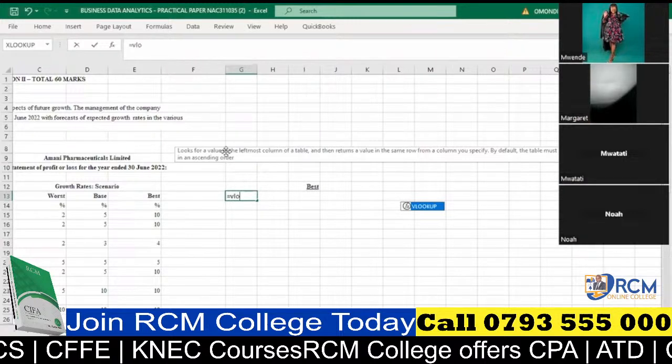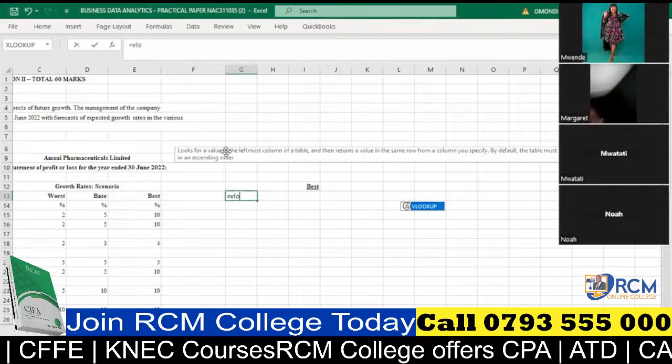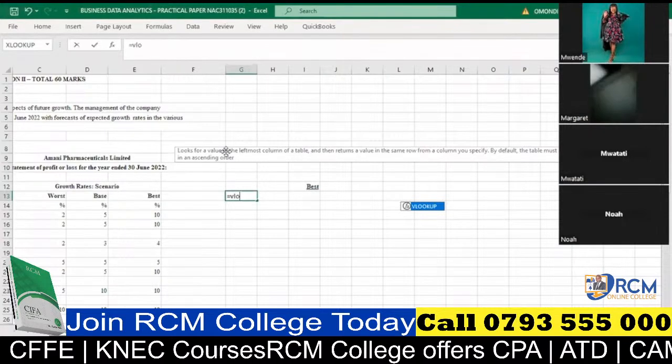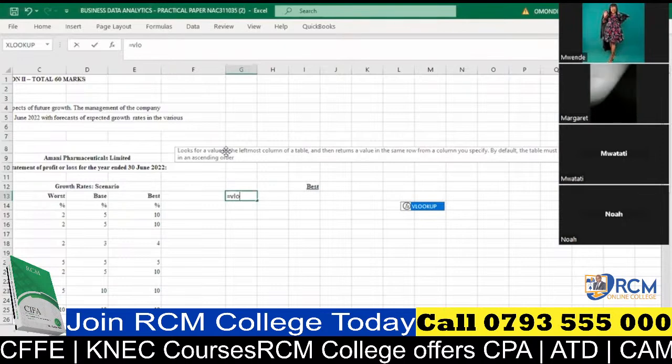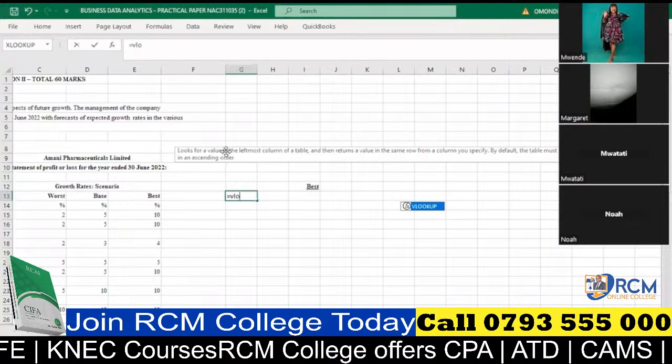Those are some of the array functions that you tested using our Excel.